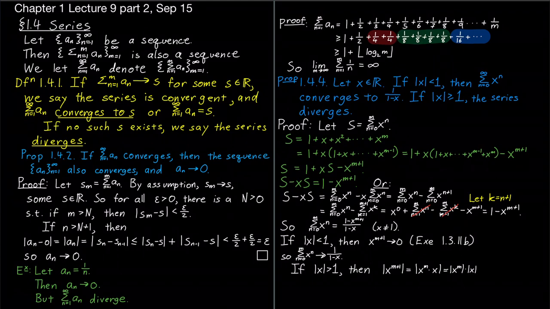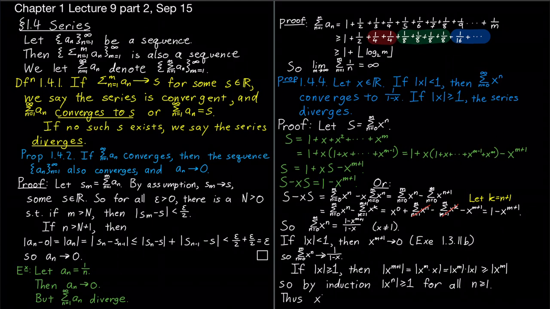Since everything's positive, that's greater than, I suppose this should be the greater than or equal to case, the absolute value of x to the m. So, by a straightforward induction argument, the absolute value of x to the n is at least 1 for all n at least 1.